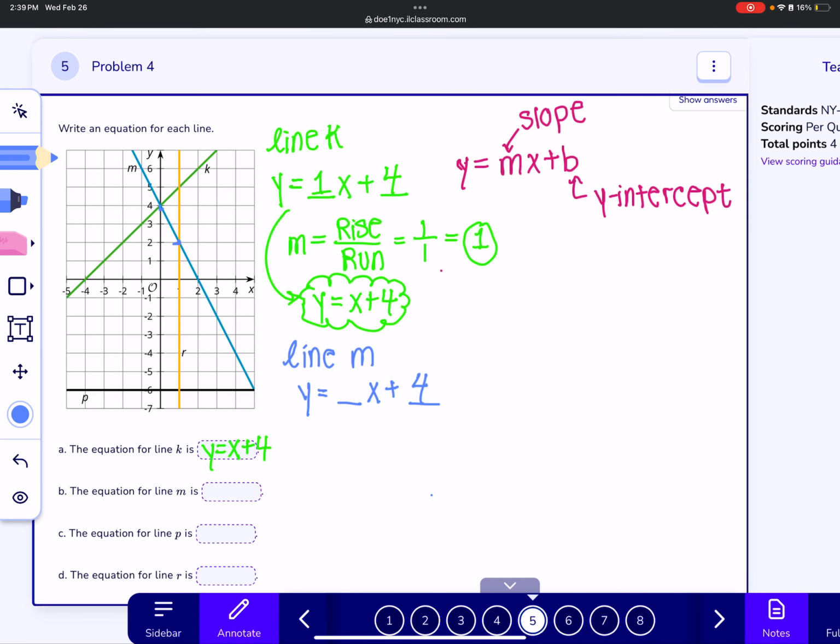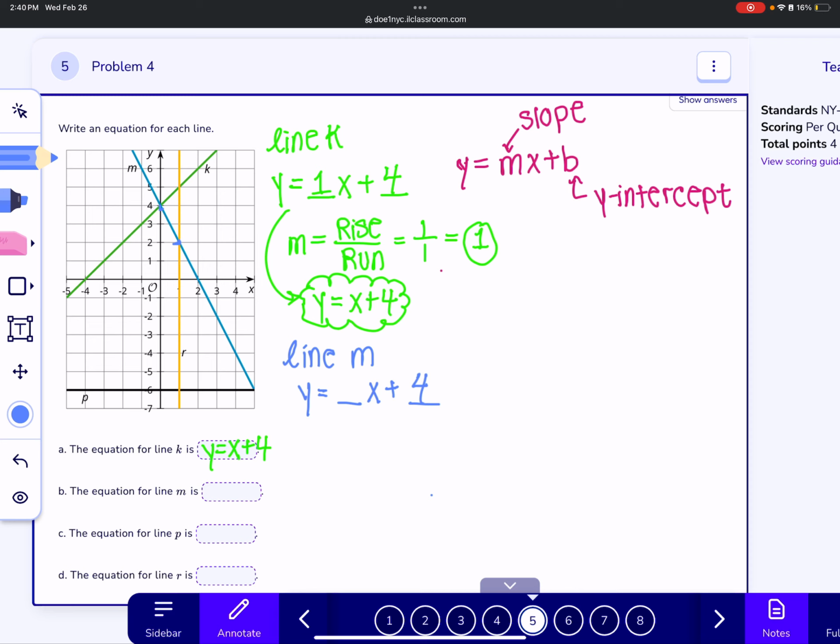And now I can calculate rise over run. So my rise is that vertical distance. And I see here that we're rising 2. And we are running 1. And the question becomes, well, is this a positive slope or is it a negative slope?